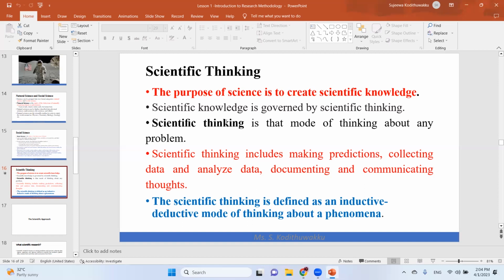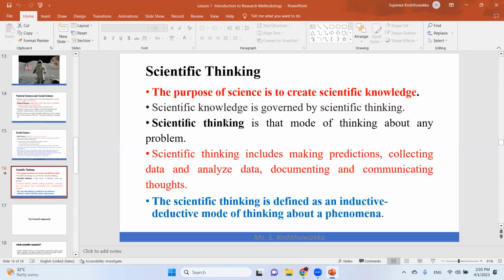In a court, again, they have a problem whether the particular person is the correct person or incorrect person, right? Then scientific thinking includes making predictions, collecting data and analyzing data, documenting and communicating thoughts. So this is the scientific thinking process.